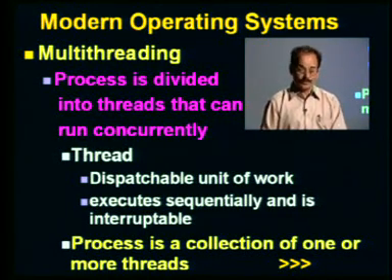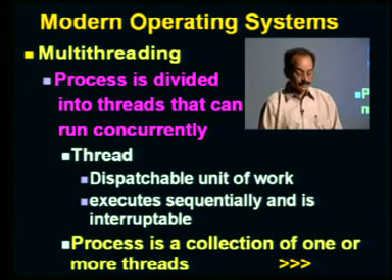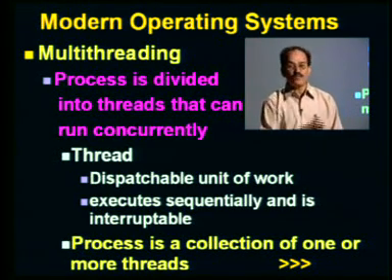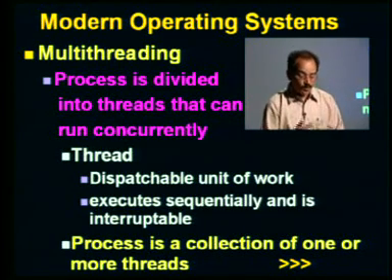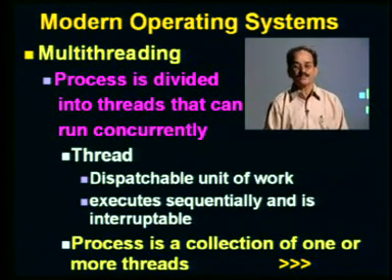Any small process we call a thread, and it executes sequentially and is interruptible. I can have an interrupt in this case also, and every process can have more than one thread. Java is one example through which I can design multi-threaded applications.